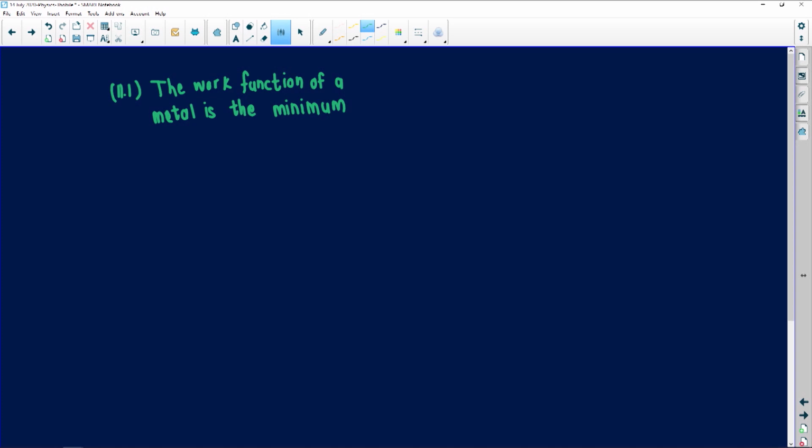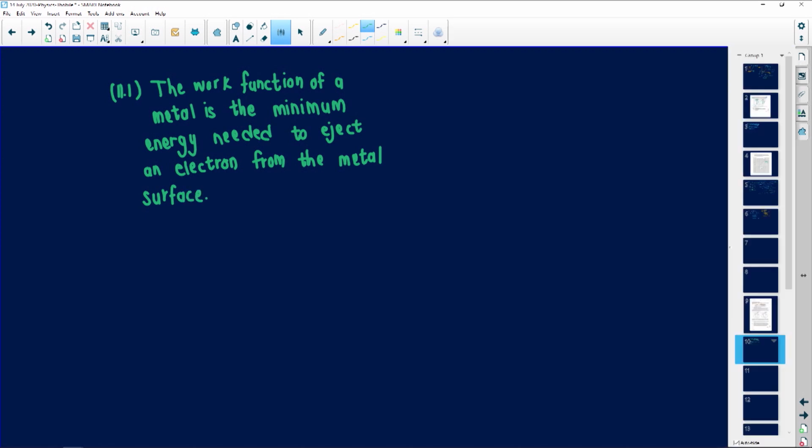The minimum energy needed to eject. Remember, electrons don't leave metals, they are ejected. Needed to eject an electron from the metal surface. Okay, that is our first definition.